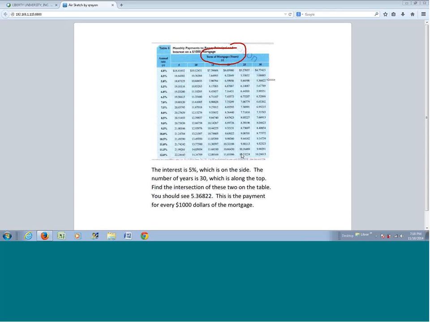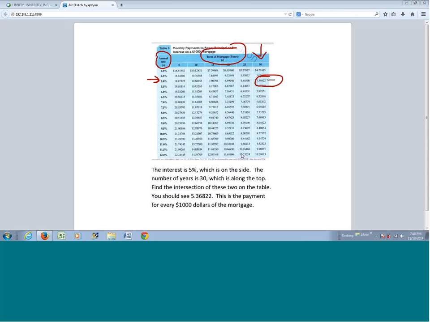And then the numbers along the side are the annual interest rate. So in this question, we have 5%, which is right here, and then we have 30 years, which is right here, and the two intersect right there.